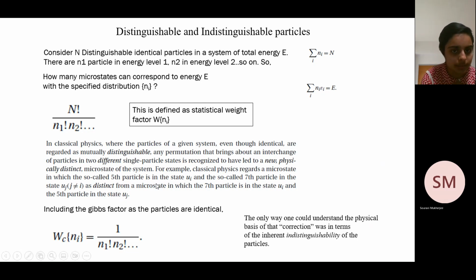These are distinguishable, and even then they're identical. Because they're identical, you consider the Gibbs factor. But because they are distinguishable, this is how you can define the number of microstates in which you can get the given distribution, right? So basically, this would be your statistical weight factor.